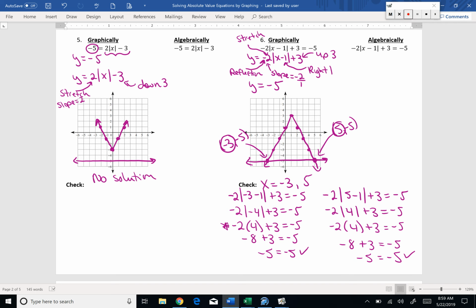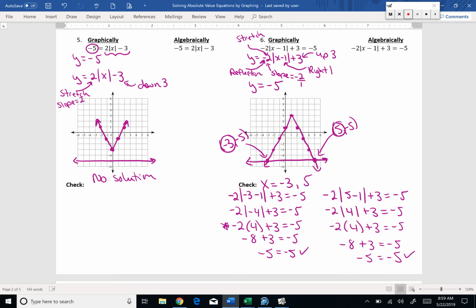Or instead of going down 2 and right 1 for your slope, we accidentally go down 1 and right 2. It's so easy to do those little things. That's why it's so important we check. Do these checks take a little more time? Yeah, they do, because we don't have that absolute value shortcut on our calculators. So it's something that we have to do a little more computation ourselves for. But it's something we can all handle doing.